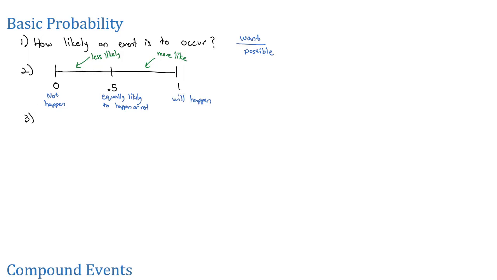So for example, if I have a bag with 3 blue, 2 red, 1 green marble in it, and then 1 is drawn out of the bag, we want to know what's the probability we get a blue marble.